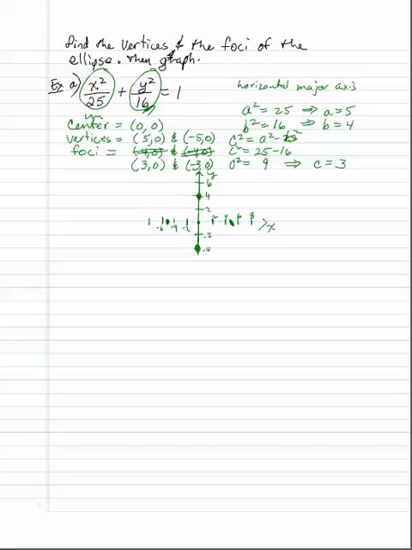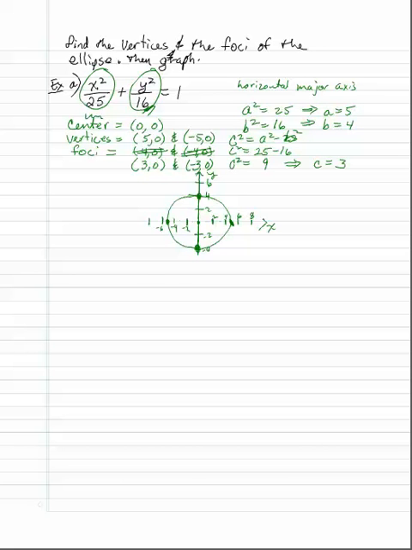And then I don't even need to plot the foci to do the ellipse. I just make the best oval I can. You know, I always get more eggy looking things than a nice ellipse, but this is just a rough sketch. So just do your best.